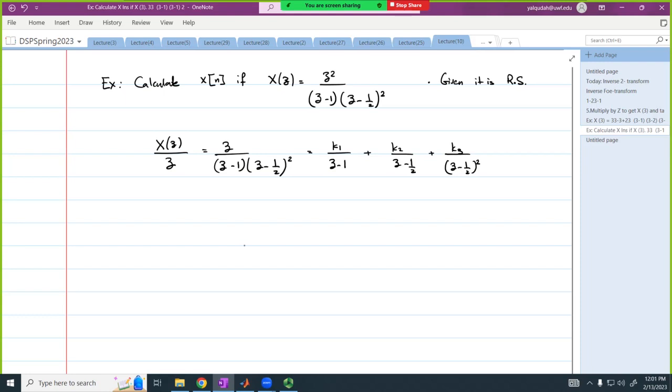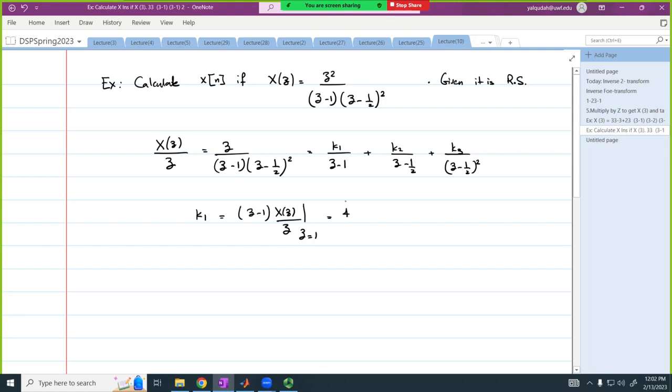Okay. How do we find K1? We multiply both sides by z minus 1, and we substitute z equal to 1. And that is going to give me 4, with 1/2 squared in the denominator.